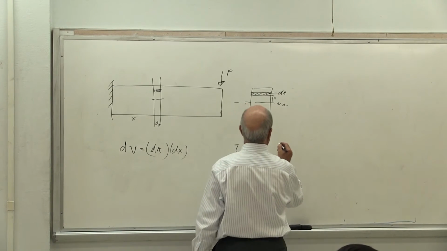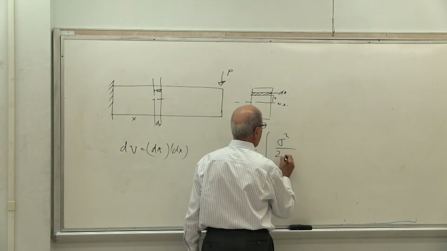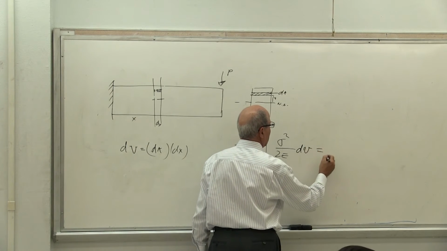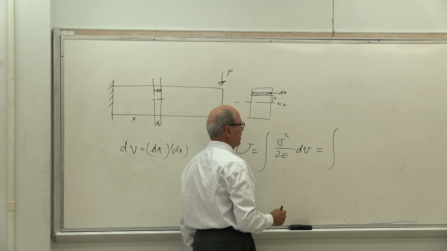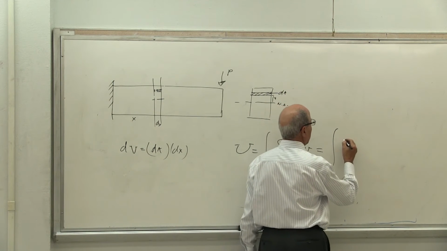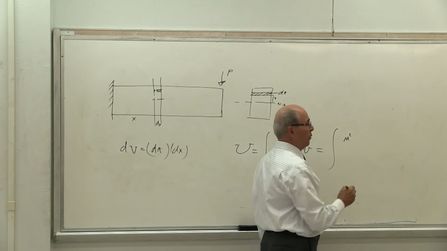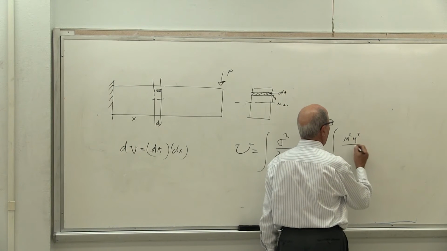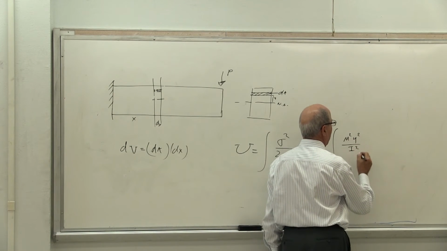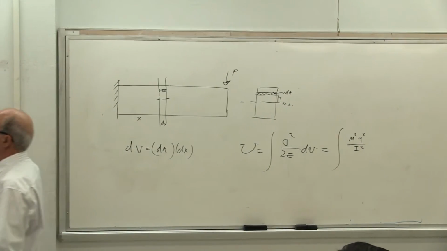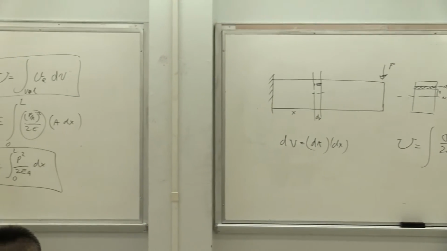So let's write it down again one more time: sigma squared divided by 2E times dV, which in this case becomes equal to the integral of sigma. Sigma is M y over I, so sigma squared is M squared y squared over I squared, correct? It doesn't matter whether plus or minus, because we have plus or minus.